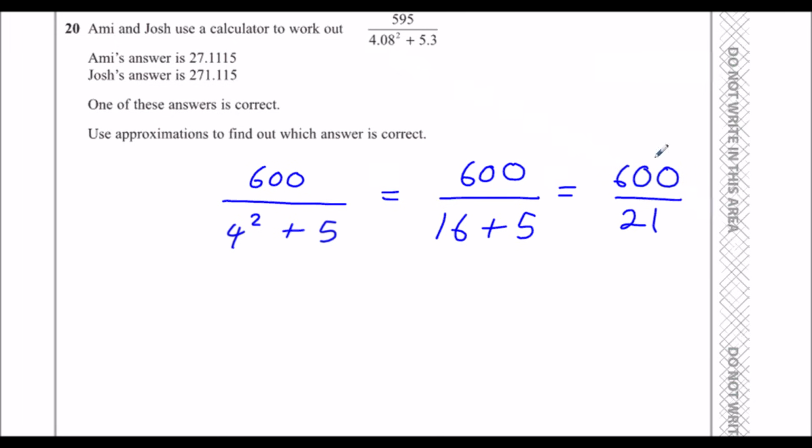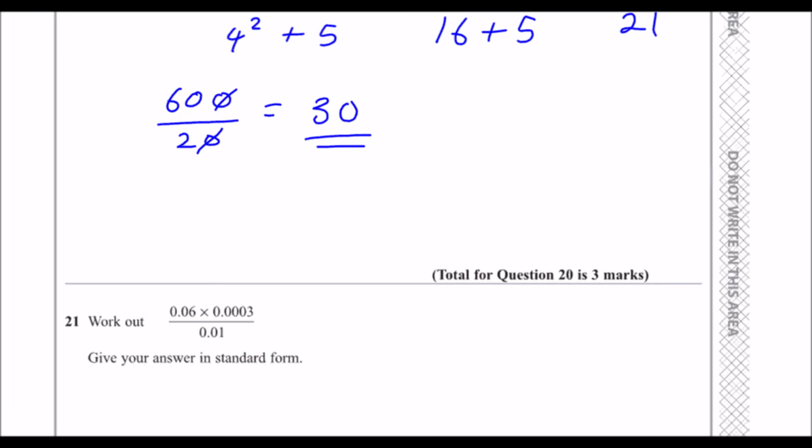Now, we're not going to be able to do 600 divided by 21, so we'll do 600 divided by 20, which is approximately 30. So which one is correct? Which one's closer to our approximation? That's Amy's answer. So Amy is correct.